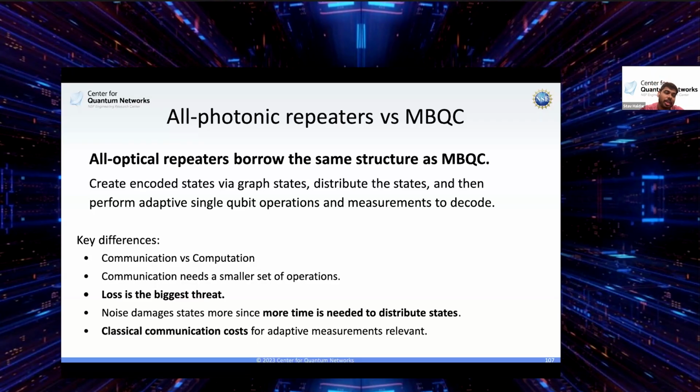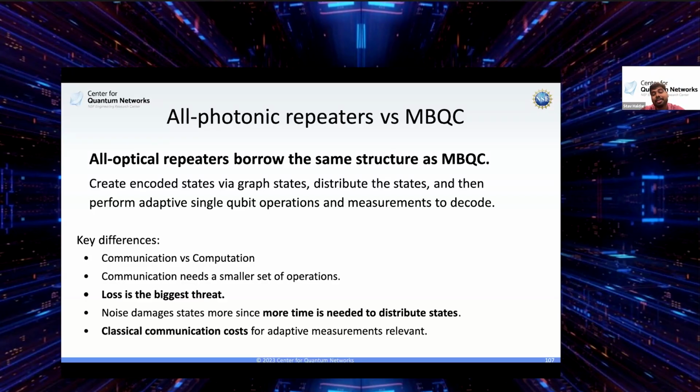And the more time you keep quantum information in any system, the more noise accumulates, right? So even for photons, as they travel through a medium, they will lose quantum information because of, say, birefringence and interactions and absorptions and so on, right? So the more time needed to distribute states, the more noise you will incur.